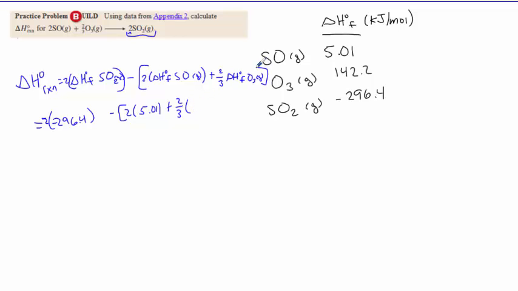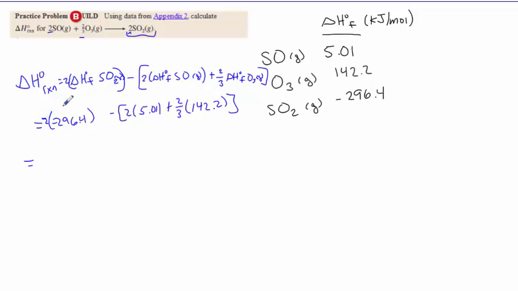And 2/3 times the 142. So that's all there is to it. You just plug in the values from Appendix 2. Make sure you multiply by the coefficients for your balanced equation, and then the products minus the reactants.